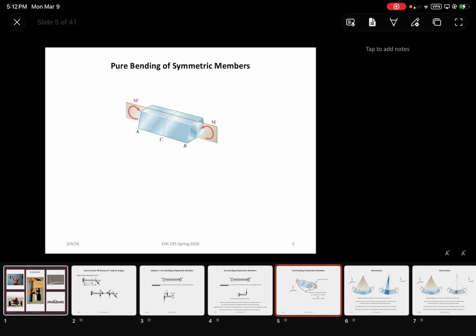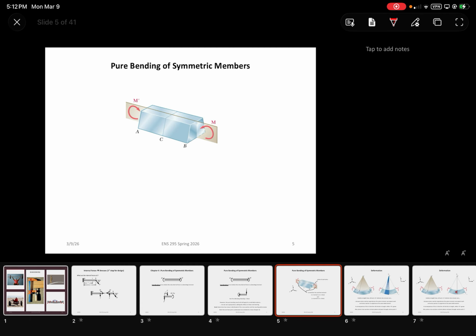What do you think? Is it going to be split somehow? Both? How so? If you're bending a beam, would it compress towards the inner and then tension on the outer? Exactly. So when we have this situation here, we're going to end up with compression up on the top.